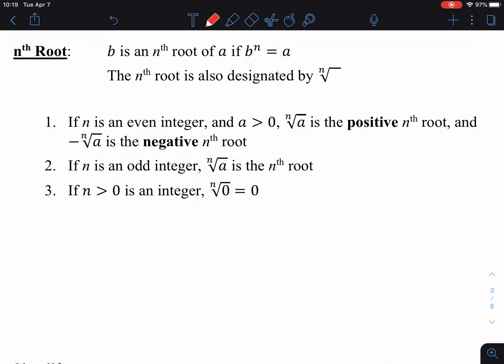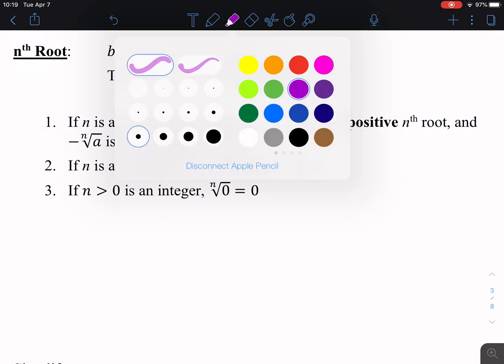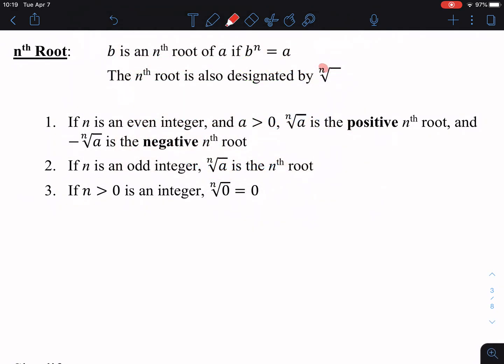The way that we designate the nth root is that in our radical, we put the number of the root that we're taking. This number that we put here, in what I call the crook of the house, we call the index of the root.